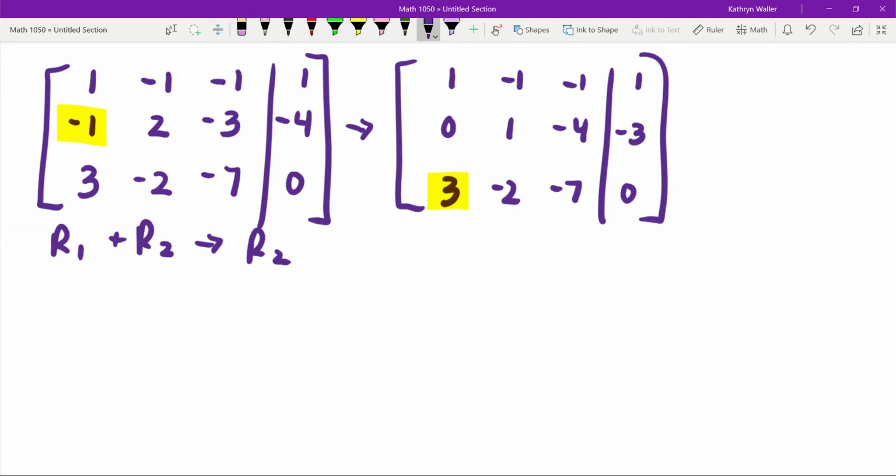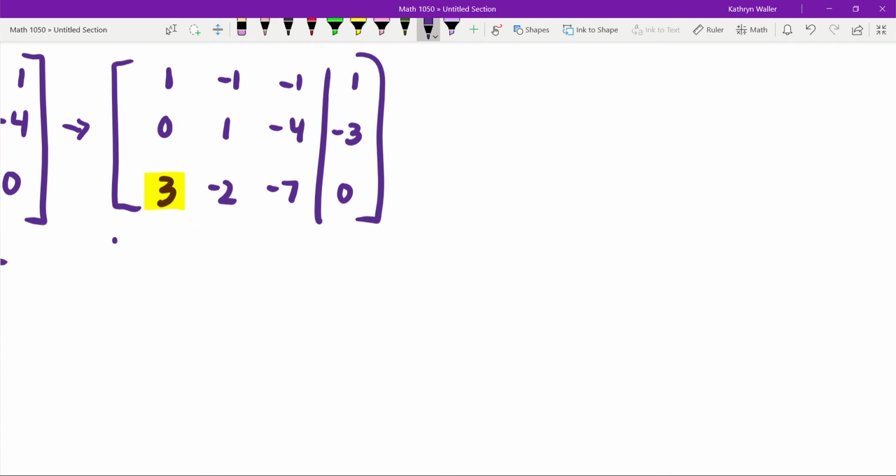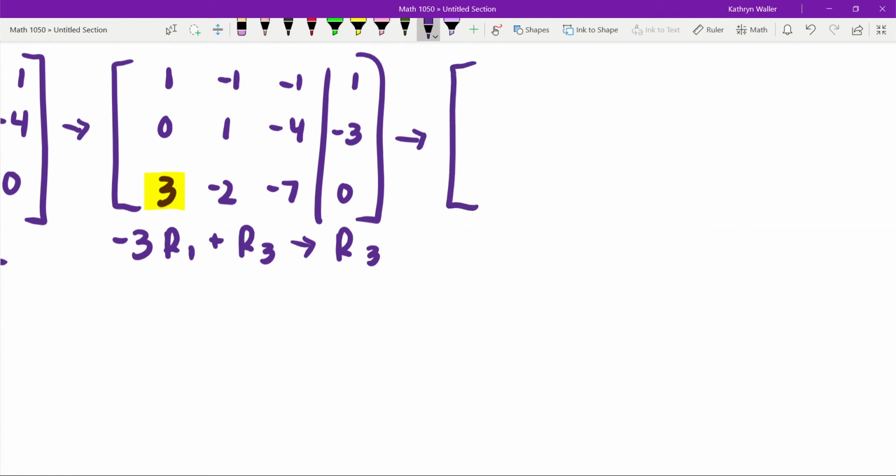I want that to be a 0. So use the 1. Turn it into a -3. So go -3 times row 1 plus row 3 becomes my new, tell me everybody, row 3. Good. So row 1 doesn't change.